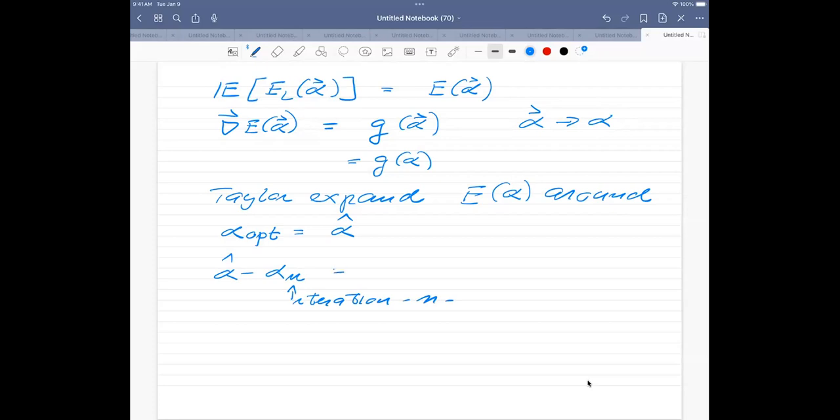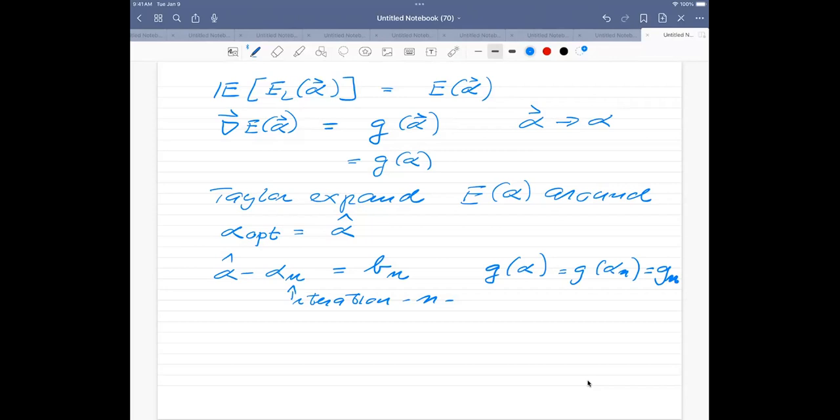And I'm going to label this quantity as b of n. That means that I will also have a G of general alpha, which is actually G of alpha n, and I'm just going to use this shorthand here, G of n. Okay, these are just shorthands which I'm introducing.